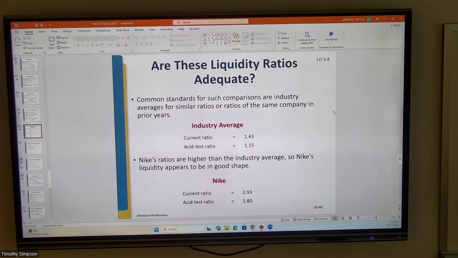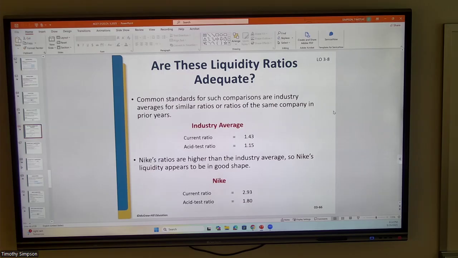There are research organizations that prepare this information. Certainly for publicly traded companies, a lot of this data is easily available. But even for non-public companies, there are companies like RMA and Dun & Bradstreet that are able to compile this information so that users can get an idea as to whether or not these ratios are in line, whether they're too low, too high, and so on.